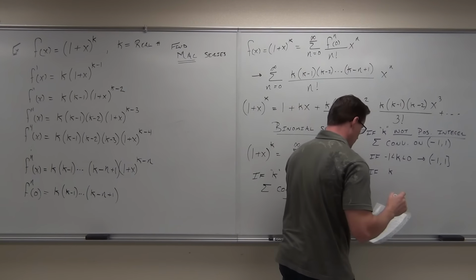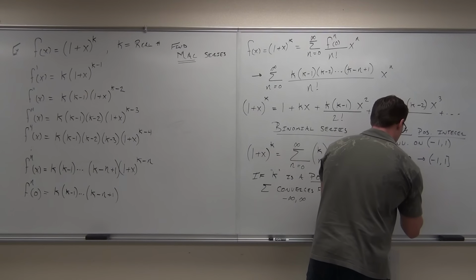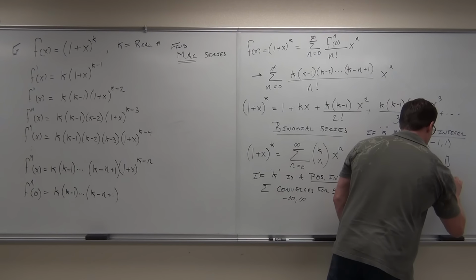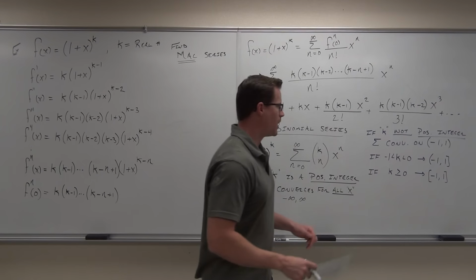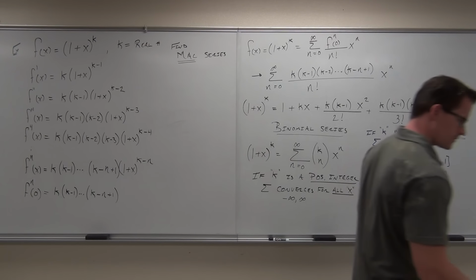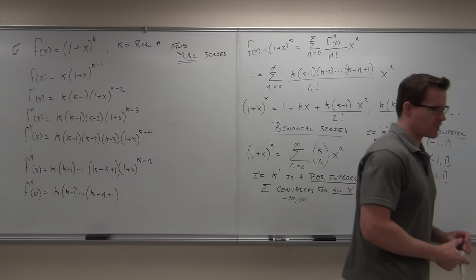If k is greater than or equal to 0, we get to include both endpoints. If not, we don't include any endpoints. And that would be by the ratio test.